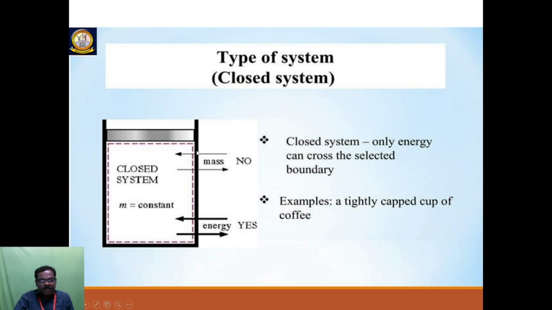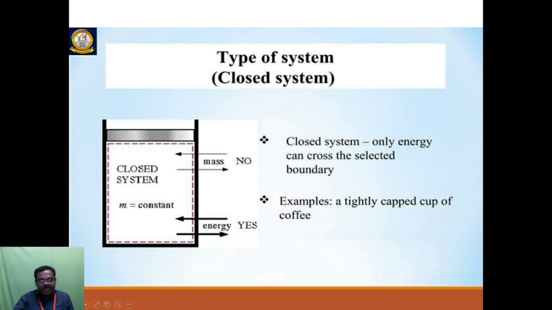In this system, mass is constant. This mass is used to move the piston upward and downward, so the energy will be changed. In this closed system, only energy crosses the boundary of the system.